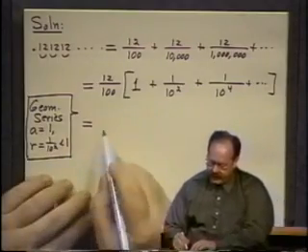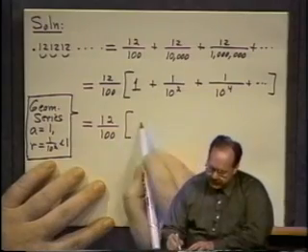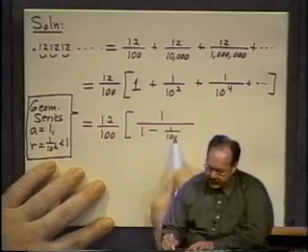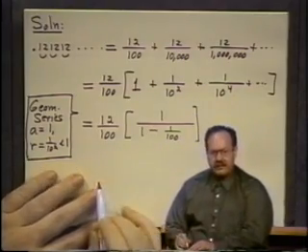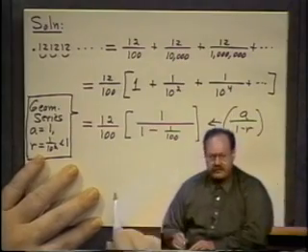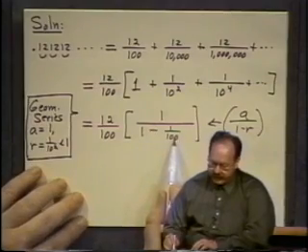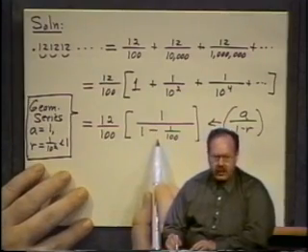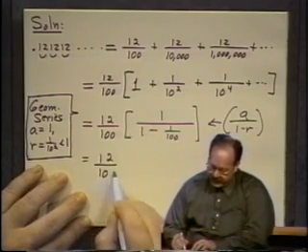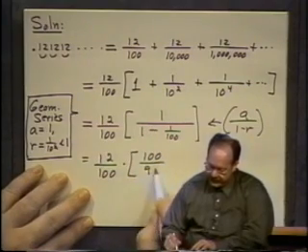So there are my facts, and so I have 12 over 100, and now I use the formula, which is a, which is 1, over 1 minus 1 over, say, 100, rewriting it instead of 10 squared. And that was that a over 1 minus r form, which we applied here. And then what is this? 1 minus 1/100 on the bottom is 99/100ths, which will flip over because we have 1 over that, so we have 12/100ths times 100 over 99.